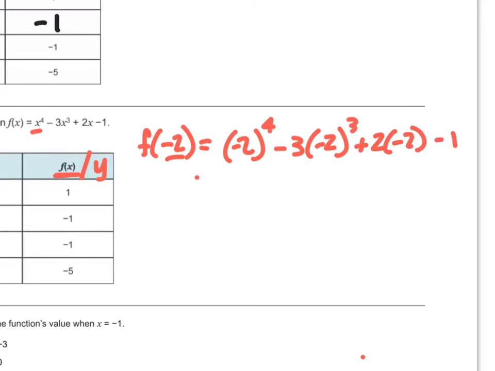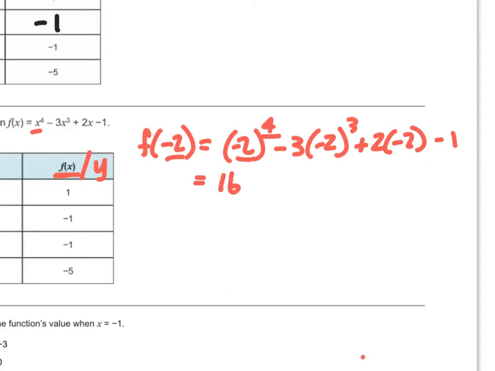So I need to do -2 to the fourth. That's -2 times -2 times -2 times -2. Because I have an even power, I'm multiplying that 4 times, and a negative number multiplied 4 times gives me a positive. So this is going to give me positive 16.